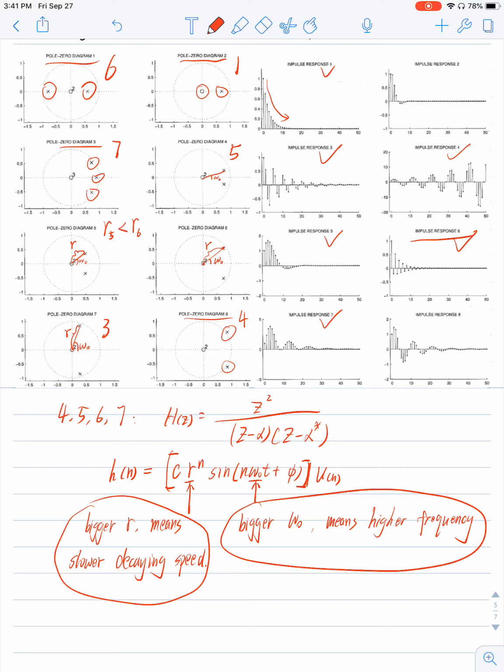It means diagram 5's corresponding impulse response is decaying faster. So here response 2 is decaying faster than response 8. So 2 is for 5 and 8 is for 6.